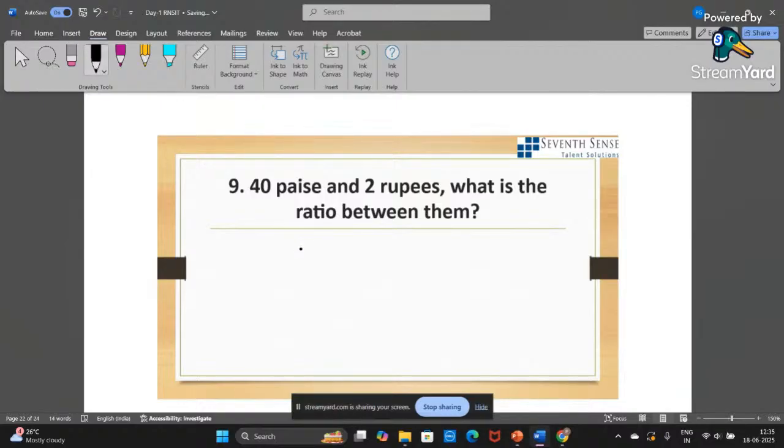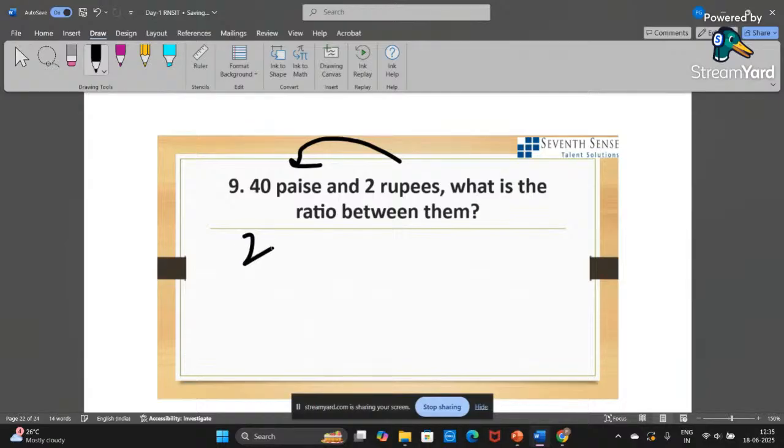40 paise and 2 rupees. This one should be written in paise. First, why does 2 rupees have to be written in paise? Because the 40 value is already in paise, so we have to find the ratio of that.